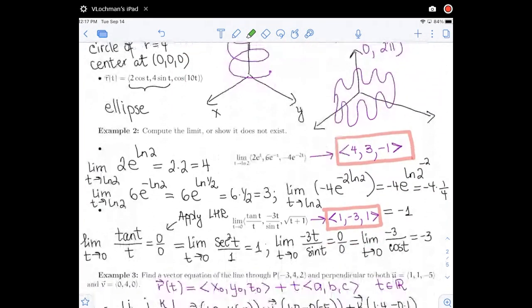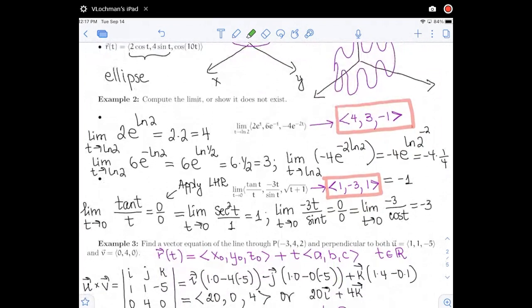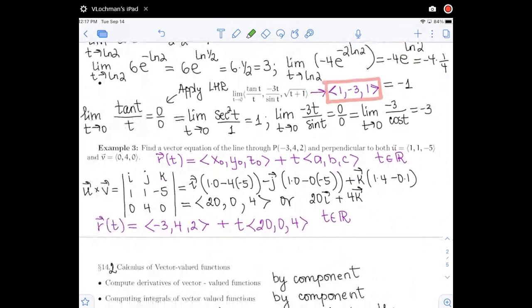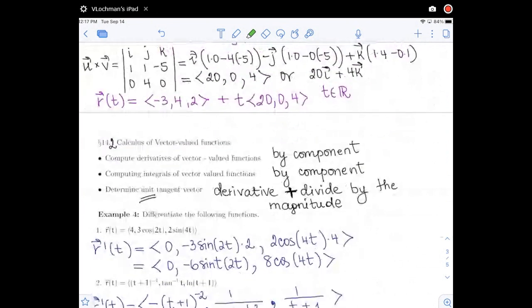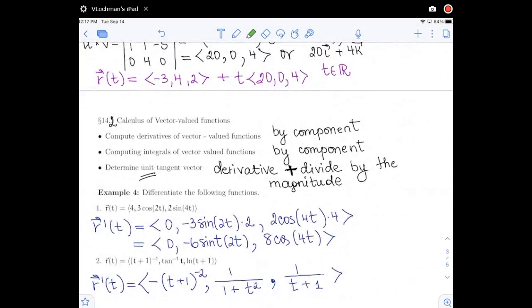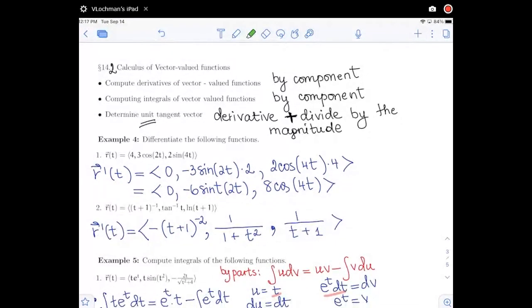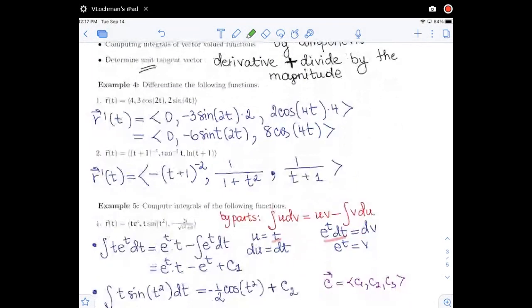Okay. Computing limits. So that's a little bit of a calculus 1 review. And then determining equations of lines, straight lines in 3 space. Then finding derivatives of vector valued functions, which is done by components. Same for integration. Again, this is just a little bit of calculus 1 review. And then the last thing that we talked about is determining the unit tangent vector.